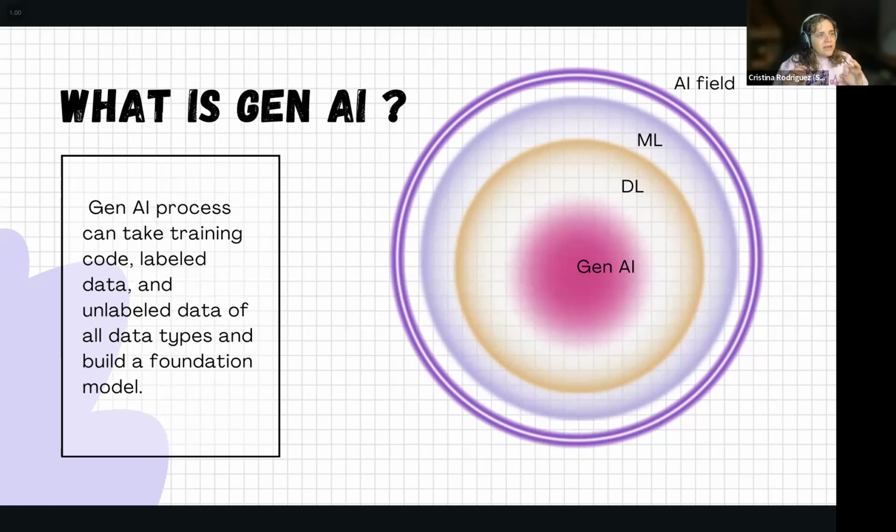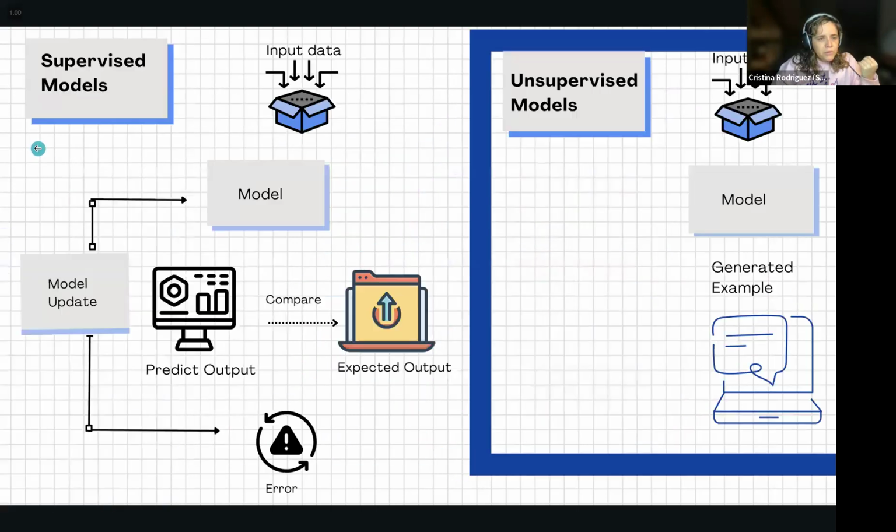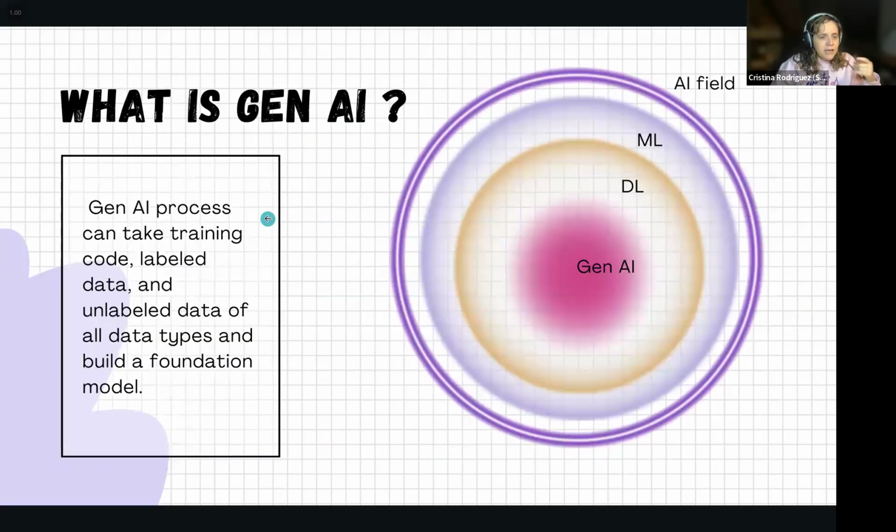It means that you can bring supervised models, unsupervised models, and semi-supervised models. And that's the cool thing about generative AI, that allows us to work with all kinds of models to bring the idea of creating something that didn't exist before. So now the computer is not only comparing or classifying information, it is creating new information for us.